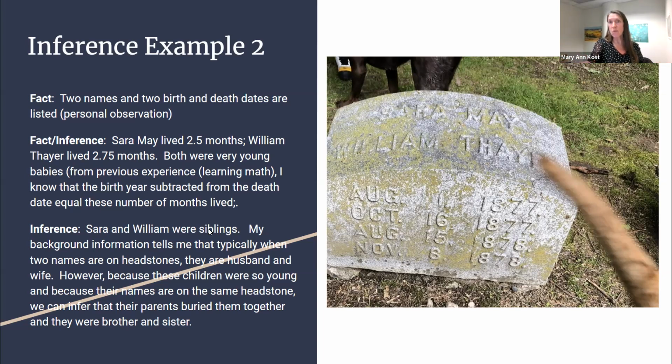And so people might assume maybe they were a husband and wife, but when you do the calculations, the logical assumption is that they were not married, and yet they probably were siblings. So yeah, it's a logical conclusion.